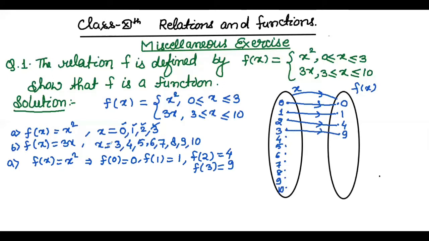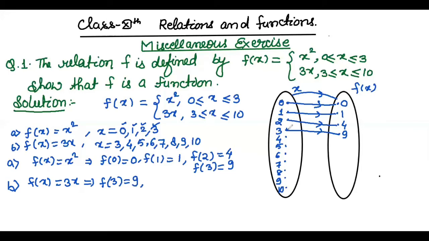Now next, f(x) equals 3x when the x values are given. So secondly, f(x) equals 3x. For f(3), you can see 3 is repeating. So we will find f(3), 3 into 3, and we are getting 9.